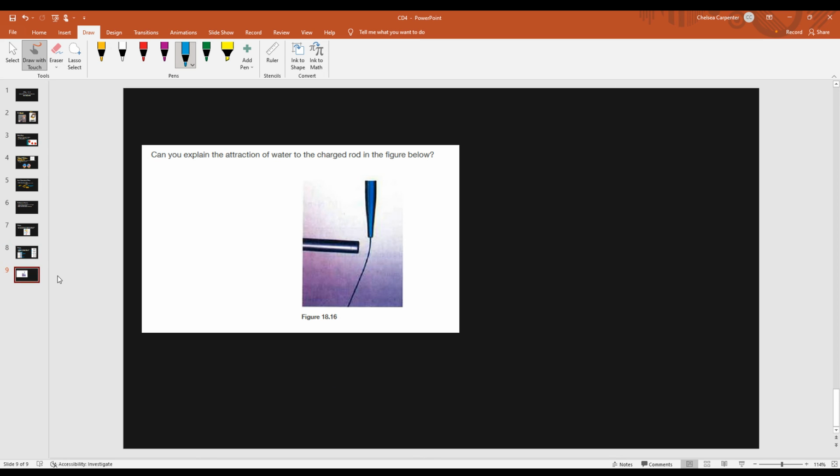So not really many examples to go through with this topic, but here's an example from the book. Can you explain the attraction of water to the charged rod in the figure below? So this is a faucet, and water is coming out, and then it's being deflected. It's being pulled towards this charged rod.